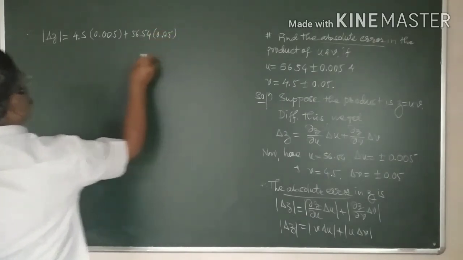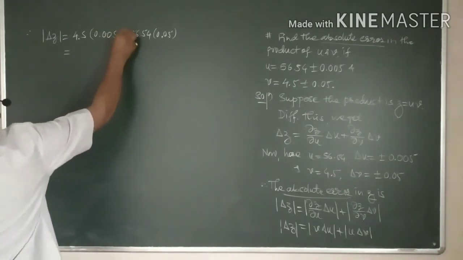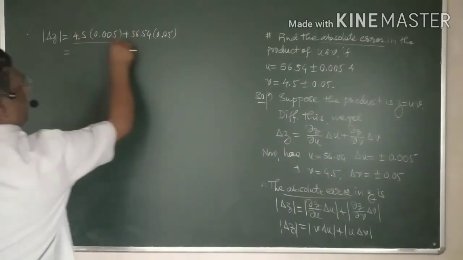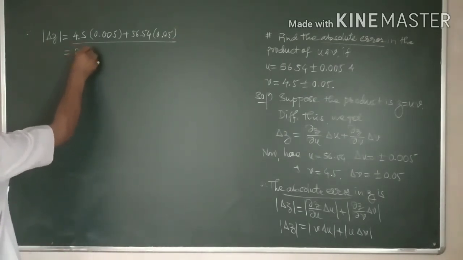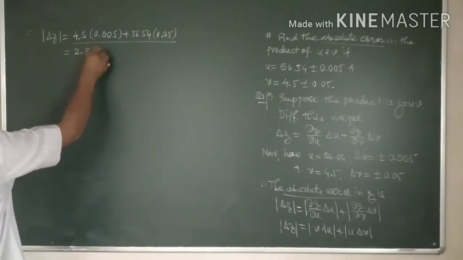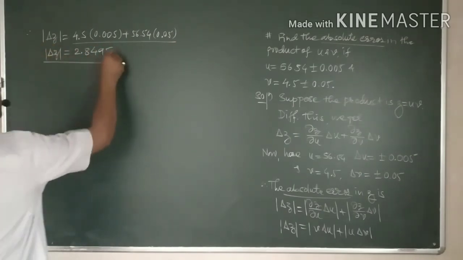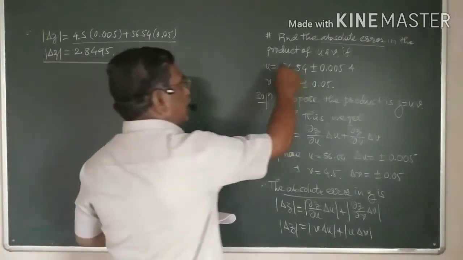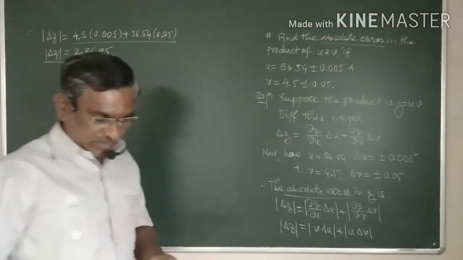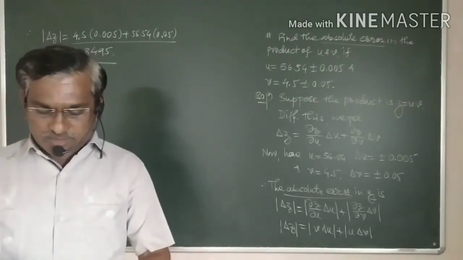Now, if you do your calculation, then this value is nothing but 2.80495. This is del Z, the absolute error in the product of two numbers U and V, which are given there. Well, now second example.